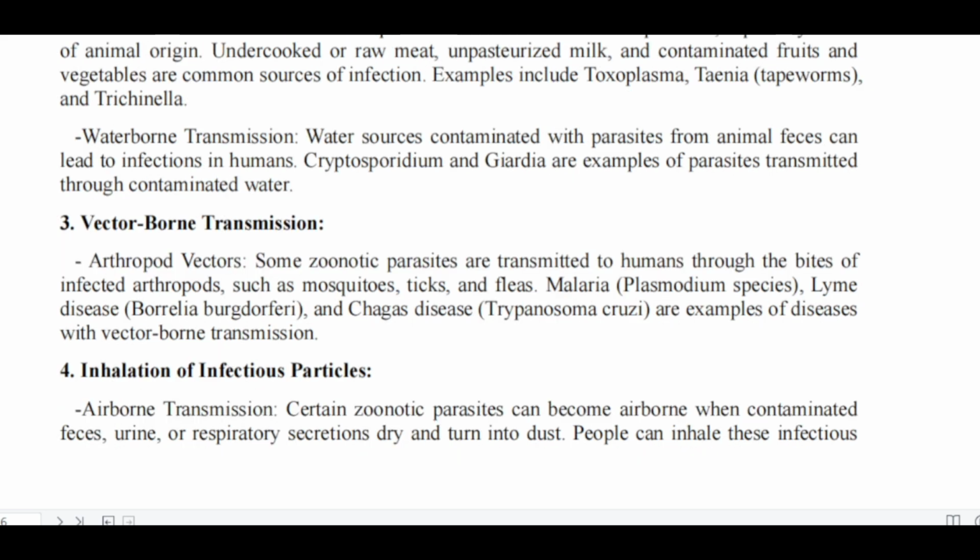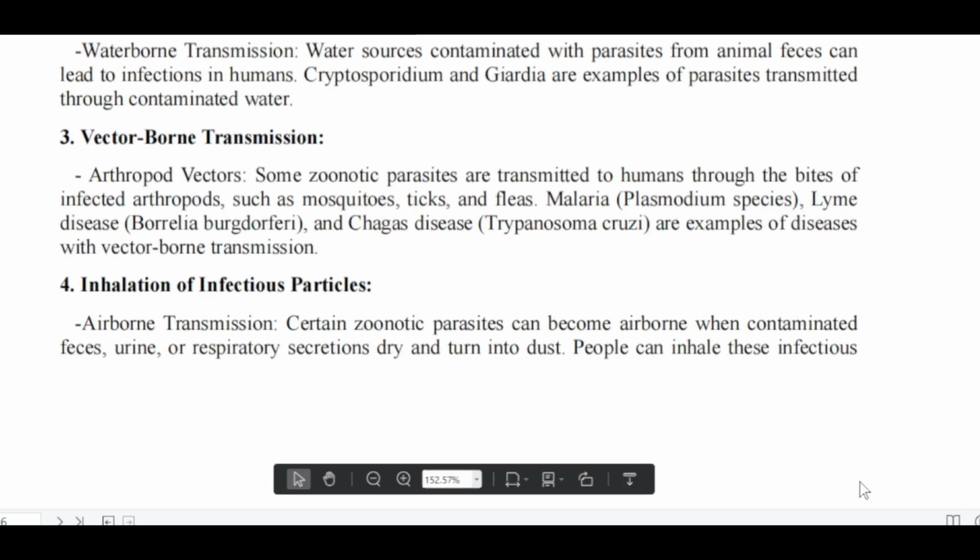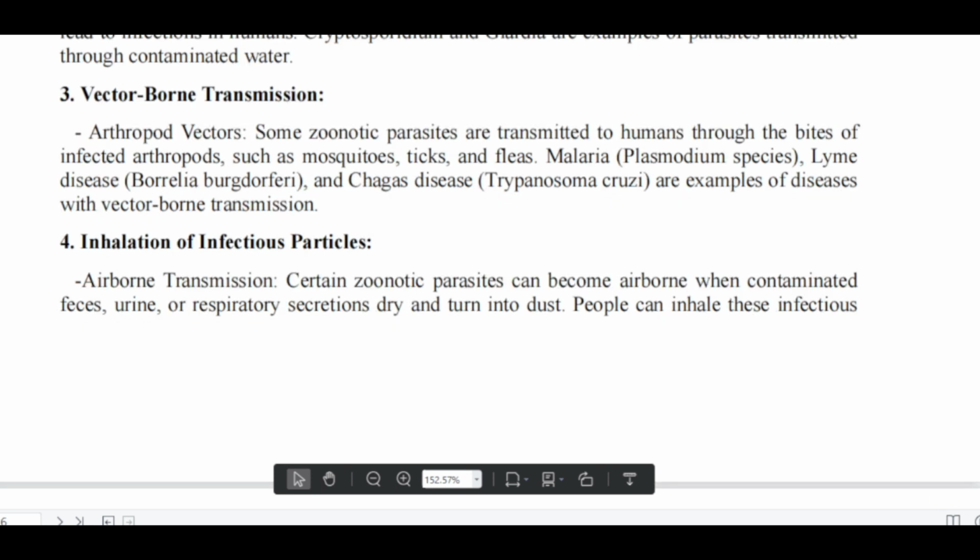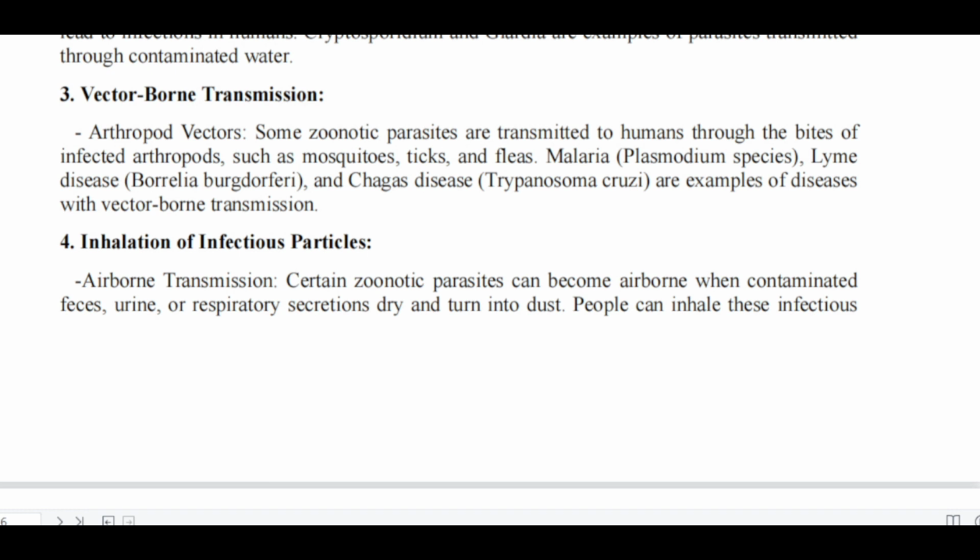Then number 4 is inhalation of infectious particles. That is, those particles must be airborne, right? Because you inhale. So airborne transmission: certain zoonotic parasites can become airborne when contaminated feces, urine, or respiratory secretions dry and turn into dust.